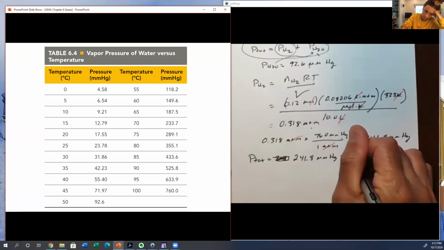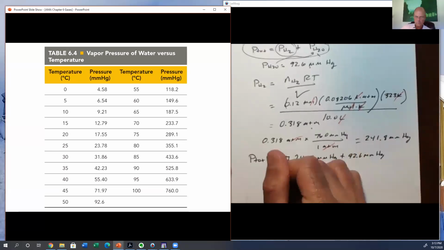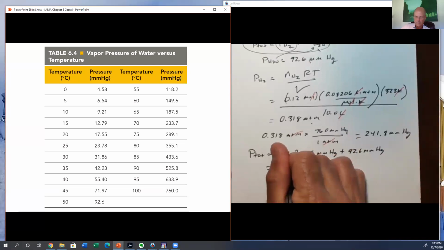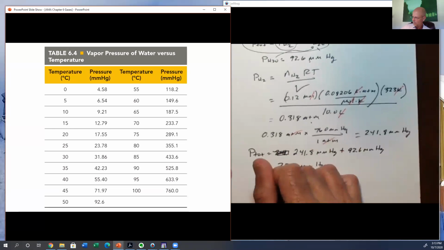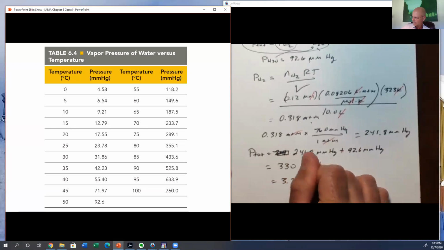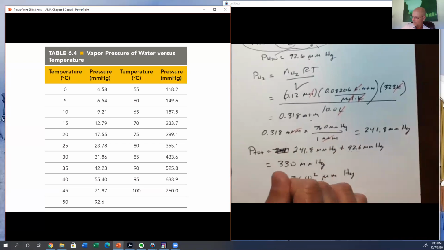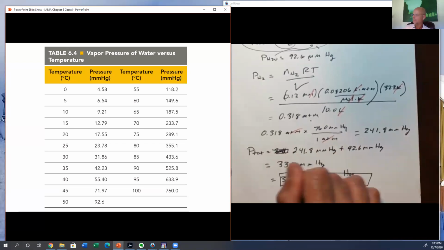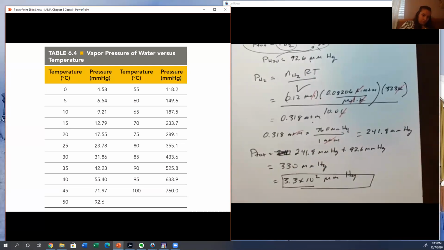Correct. 92.6 millimeters of mercury. So the total pressure is 330 millimeters of mercury, or 3.3 times 10 to the 2 millimeters of mercury. I'm writing it out this way just to get the right number of sig figs in there. Whew. Does that make sense?